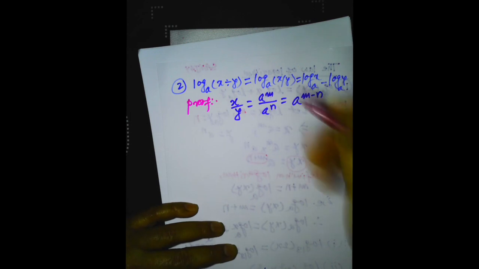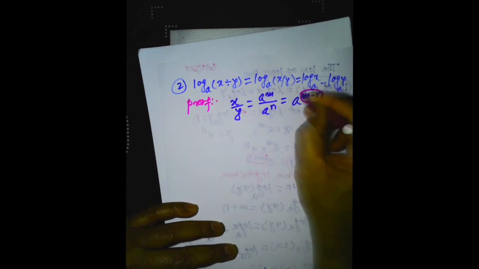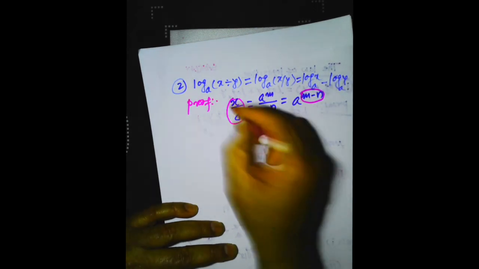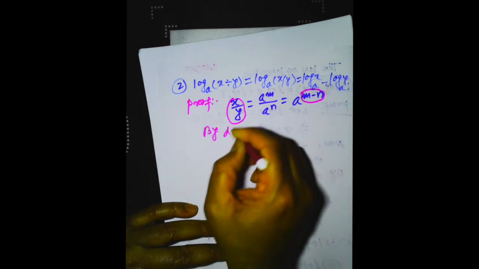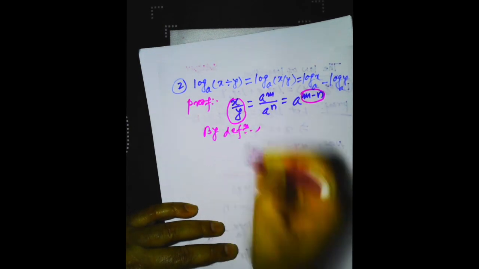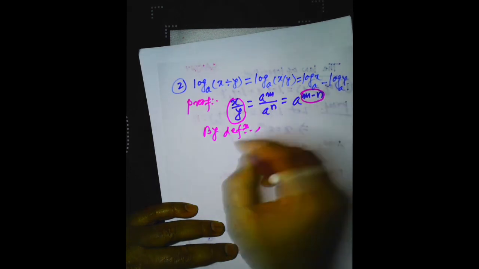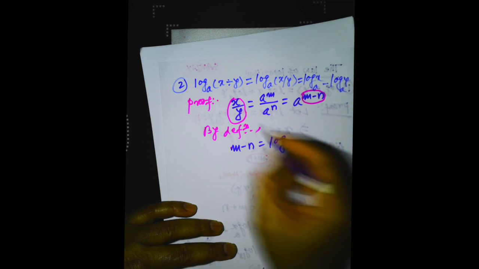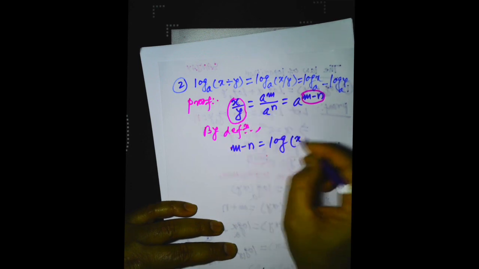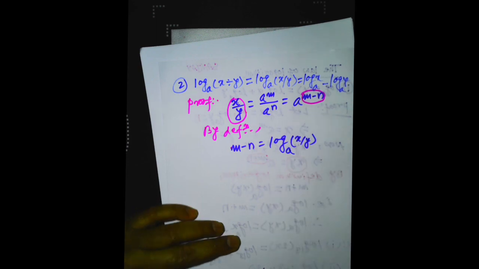Now here also you can apply the definition of logarithm, where you take m minus n as one number and x divided by y as another single number. In that case, by the definition of the logarithm, you can say that m minus n is the logarithm of x divided by y to the base a.